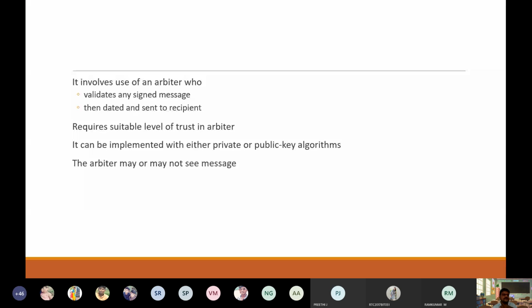The function of that authorized third party is to validate any signed message. He just validates the message. The signing takes place at the sender, but it will be verified by the third party. What are the requirements? It requires a suitable level of trust.